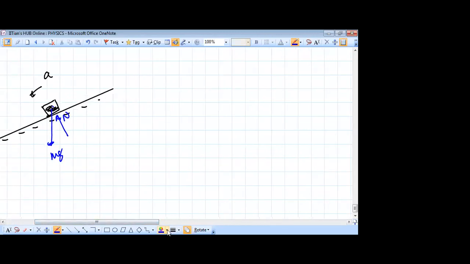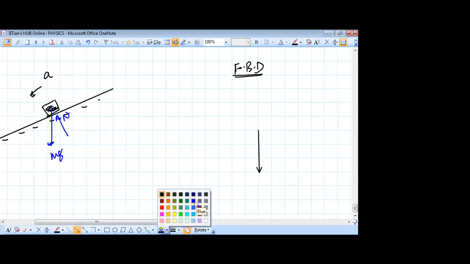So in case one, when I make the free body diagram, I'll have to show that there are two forces: mg acting vertically downwards, and normal reaction is going to be acting like this.